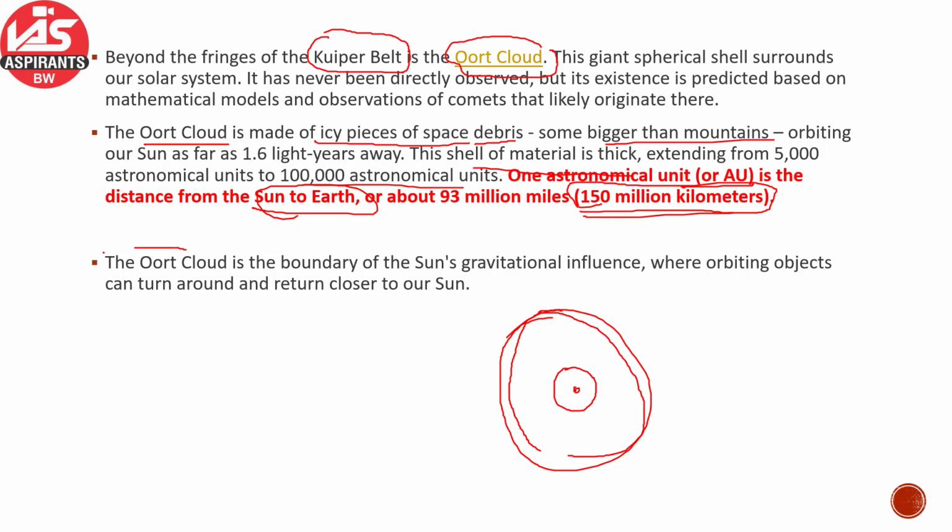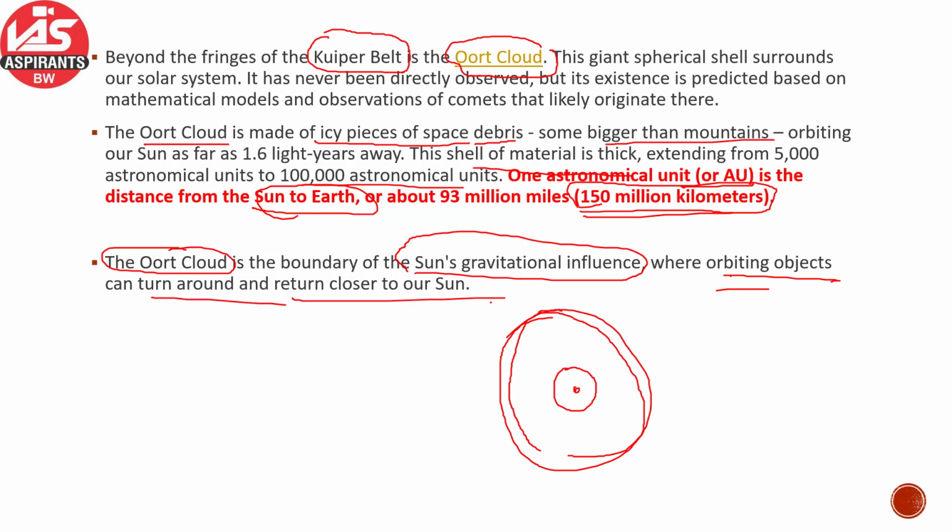Now the Oort cloud is basically the boundary of our sun's gravitational influence. That means that the orbiting objects which are present in the Oort cloud can turn around and return closer to the sun.